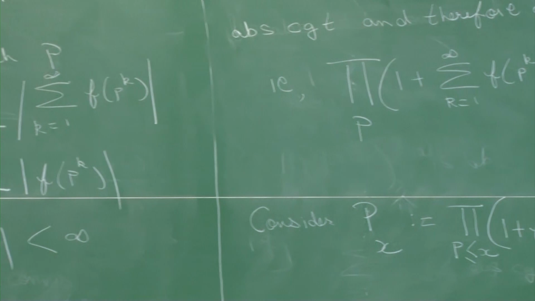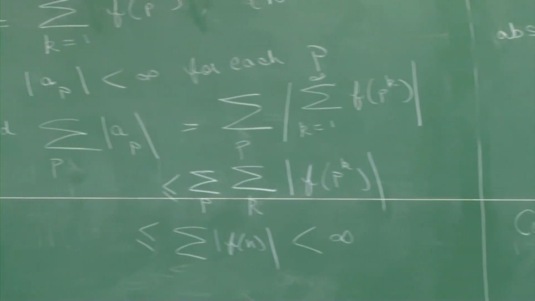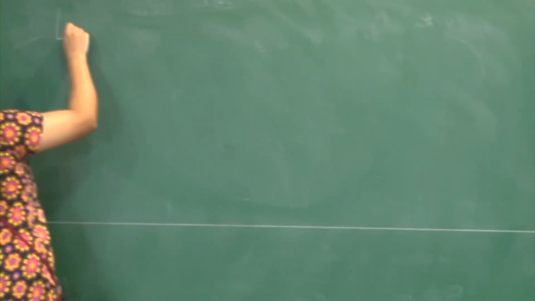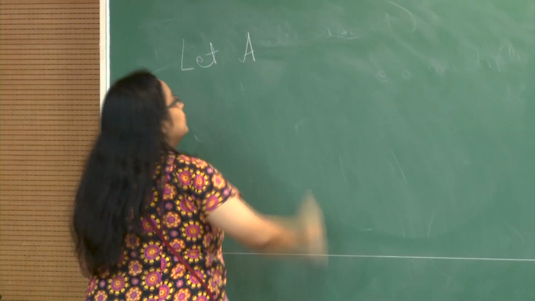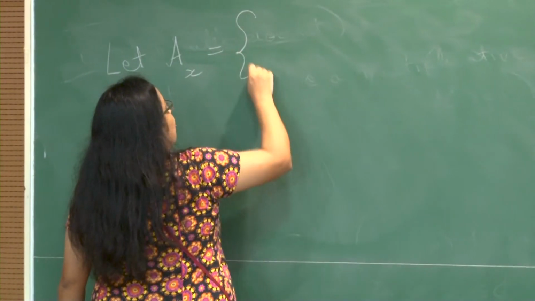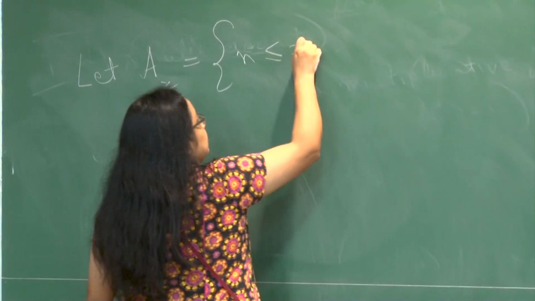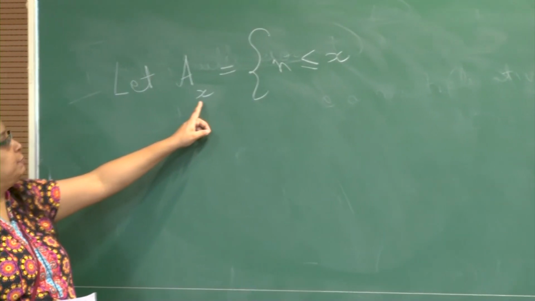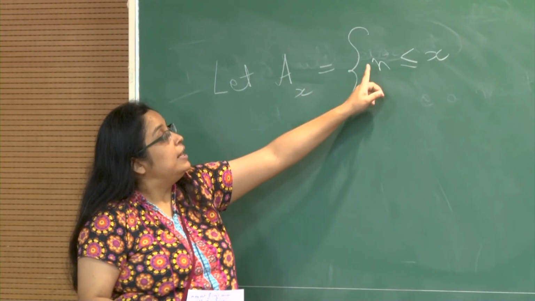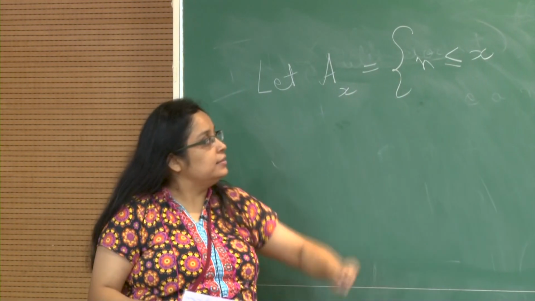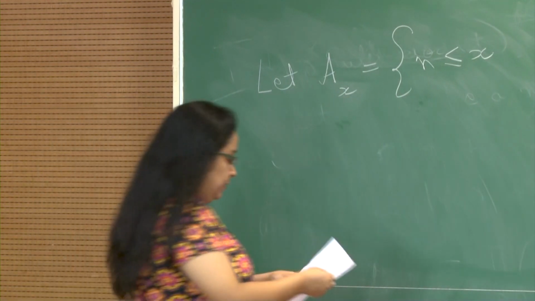So, now let us try to actually understand what the terms in this finite product are. Arrange them as follows. Let us define A sub x to be all those natural numbers whose prime factors are bounded above.